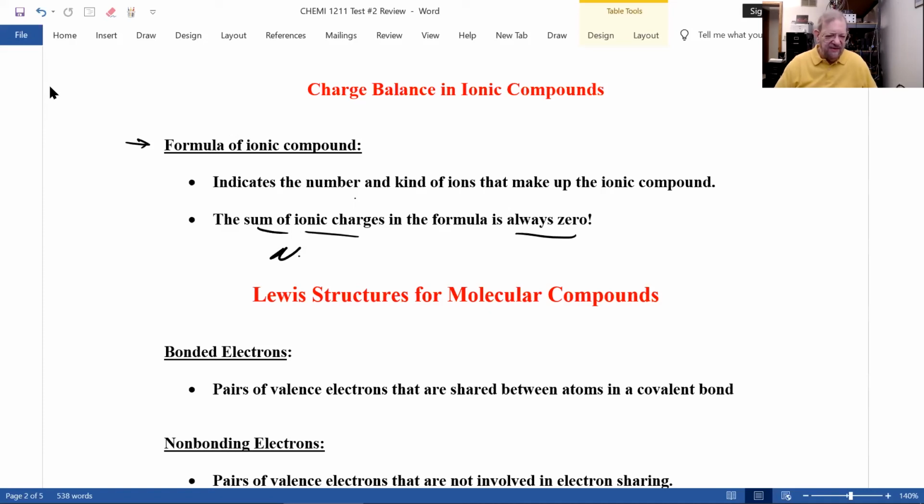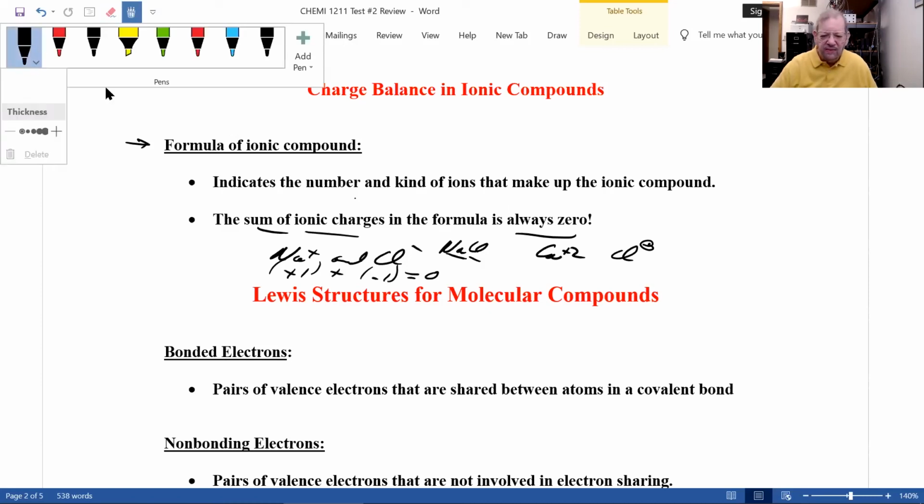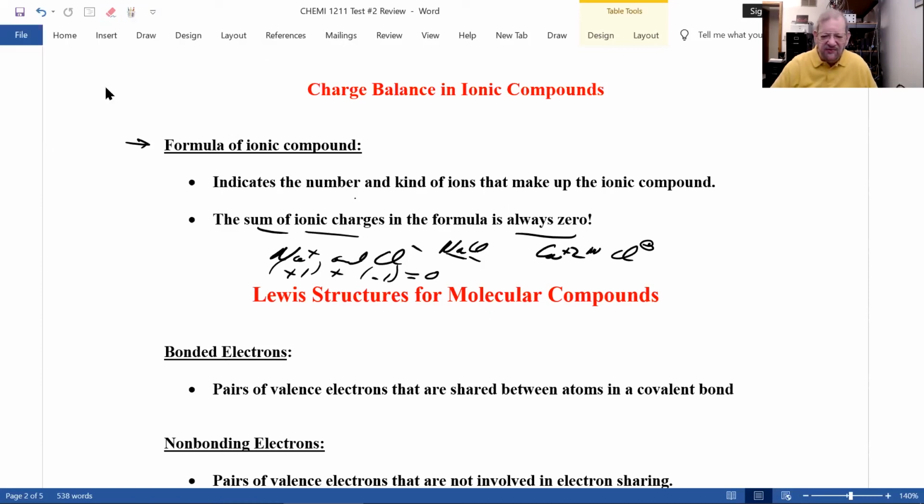Therefore, this is a plus 1, this is a minus 1, and it adds up to 0. So the formula for sodium chloride is NaCl.